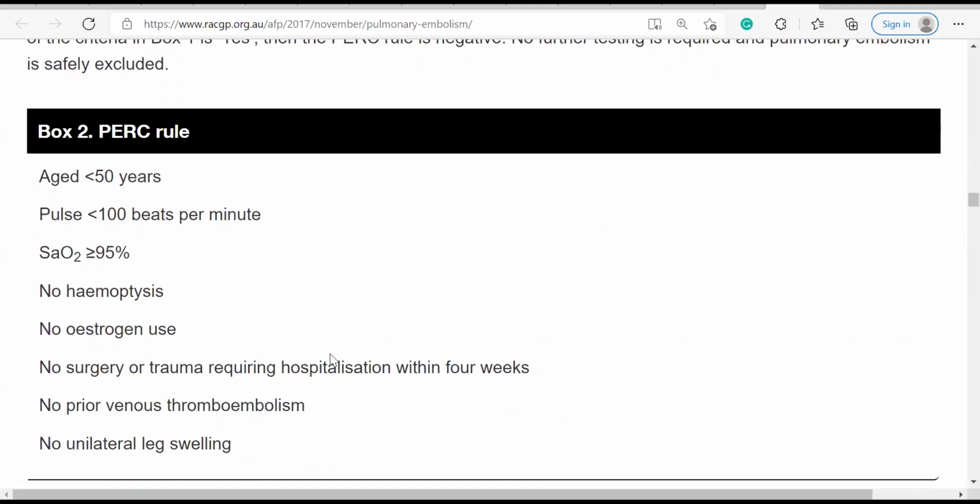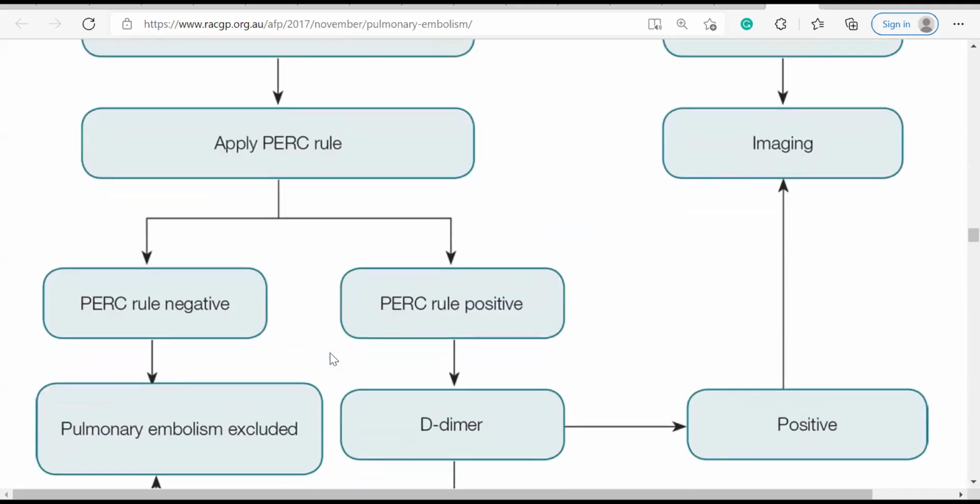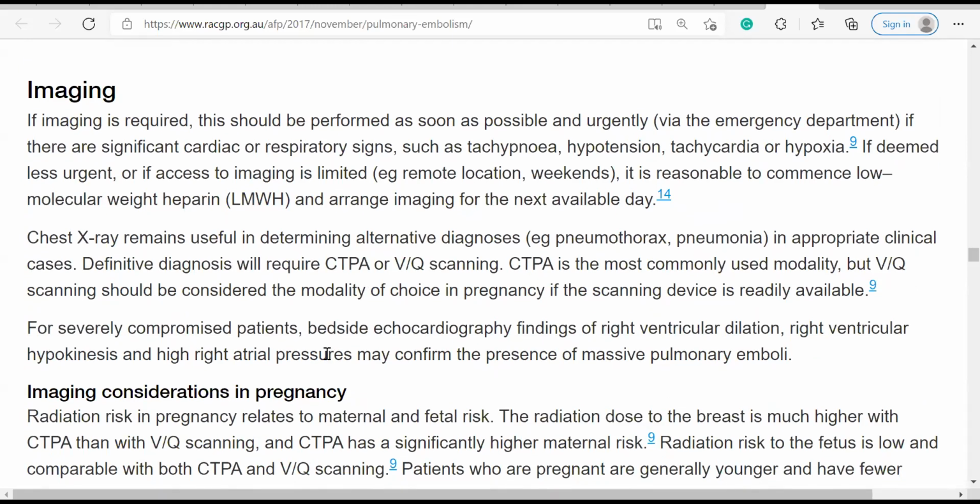All right. So now come to your imaging. If imaging is required, this should be performed as soon as possible and urgently. You don't need to worry about doing a chest X-ray, doing an ECG, doing all the blood tests, and then when the patient is dead, you are thinking about doing a CTPA, because this patient can die in front of you within minutes, and that's an avoidable or preventable death.